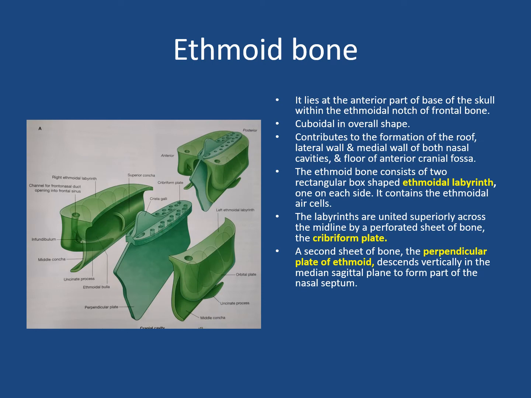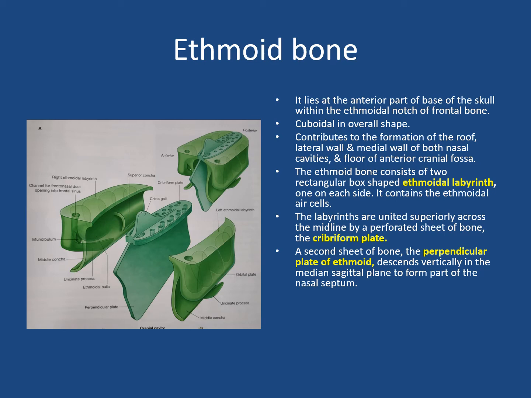Now, before I explain the ethmoidal air sinuses, let me tell you about the ethmoid bone first. So, look at the picture. You can see the ethmoid bone in the posterior diagram, and the anterior three parts you can see.